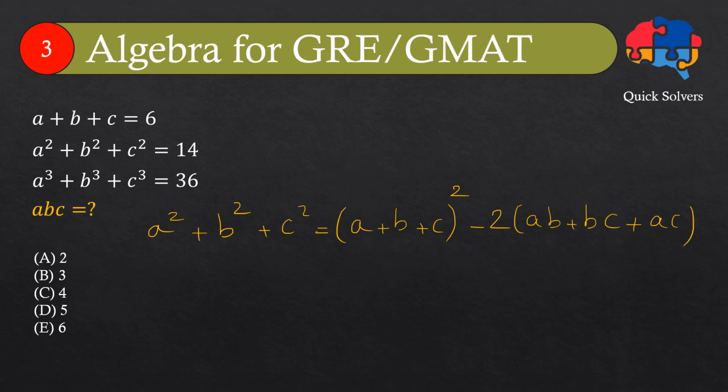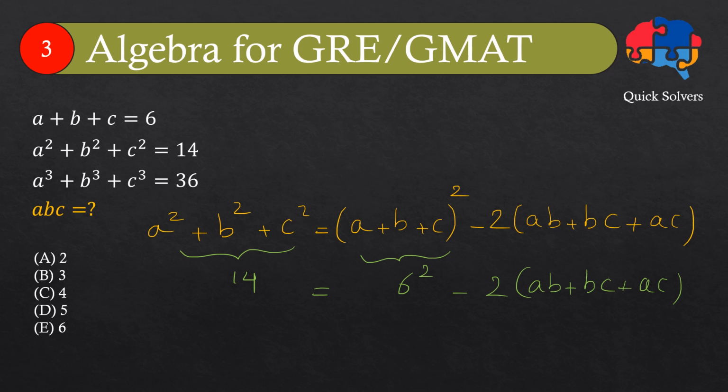Now I replace the values for the terms that we have. This one we know equals 14. This one equals 6, and this is (a plus b plus c) to the power of 2. So this is 6 squared minus 2 times (a times b plus b times c plus a times c).